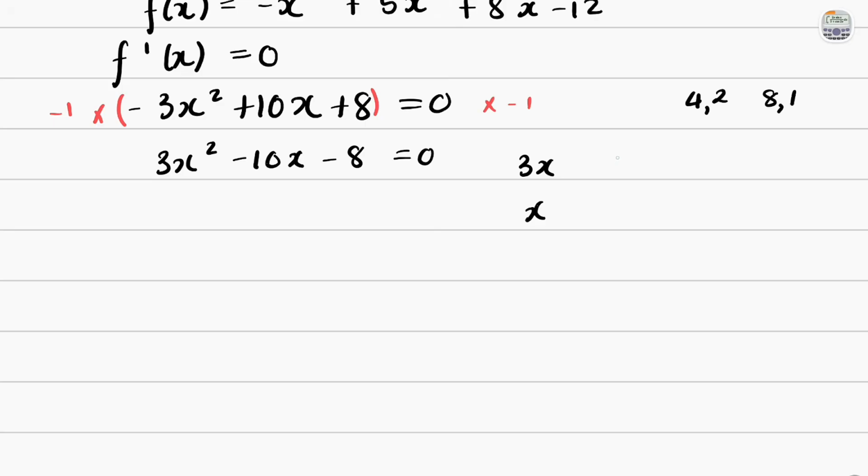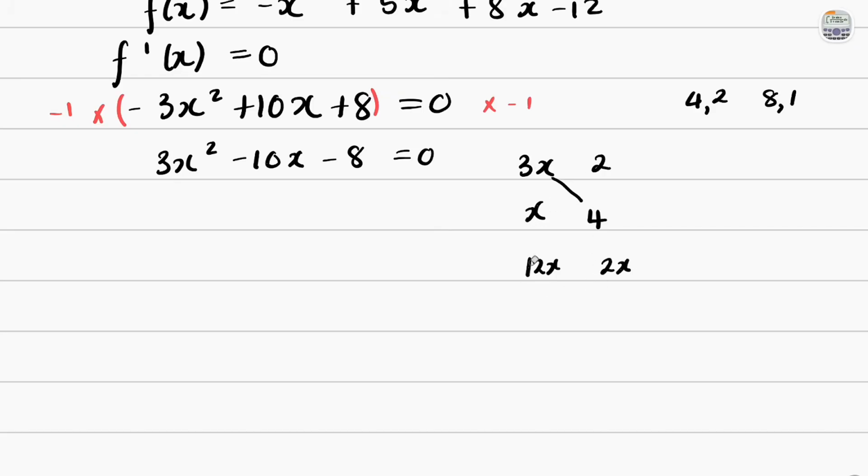So let's say we tried 4 and 2. Okay, I can already see it would rather work like this. We could use 12 and 2. So it will form 12 if you put the 4 here and you put the 2 here. So that is 12x when you cross multiply 3x times 4, and x times 2 is 2x.